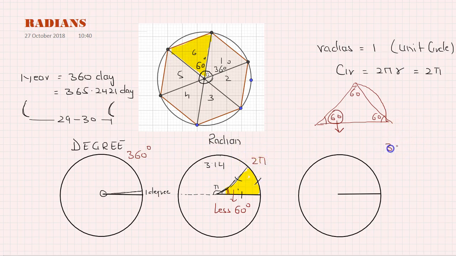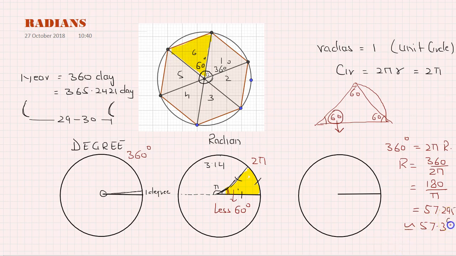So we can say that 360 degree is equal to 2 pi radian, and 1 radian will be equal to 360 over 2 pi, that is 180 over pi. So that is equal to 57.295. Roughly we calculate 57.3.